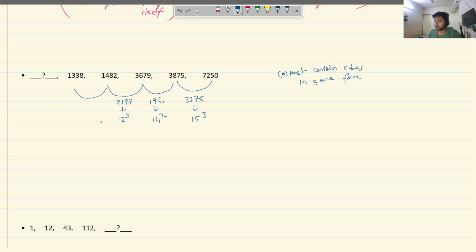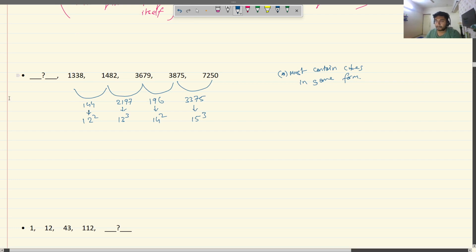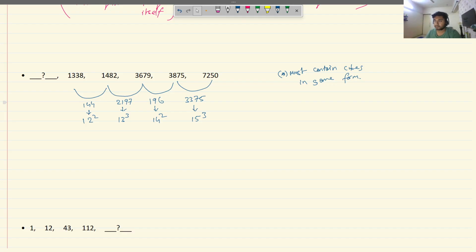This should be 12 squared, that is 144, and 1482 minus 1338 is 144. Yes. So it's going alternately.